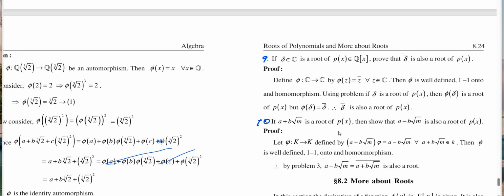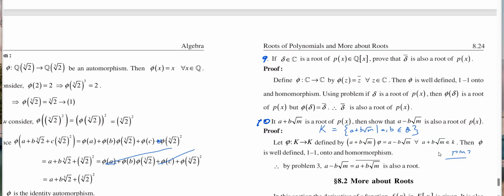K is the collection of all elements of the form a plus b root m, where a and b belong to Q. You consider such a collection, and whenever a plus b root m is a root of some polynomial, then for that polynomial a minus b root m is also a root.